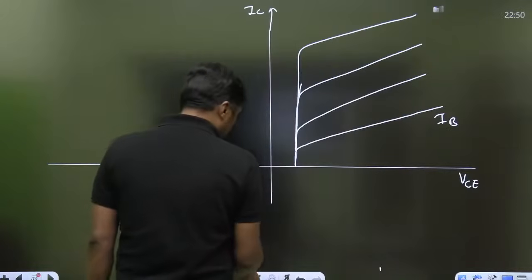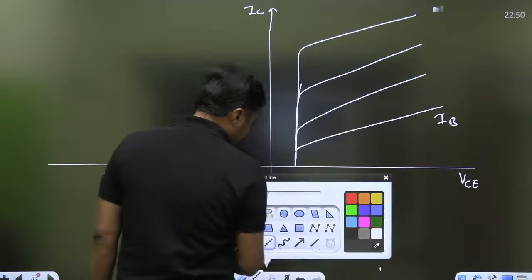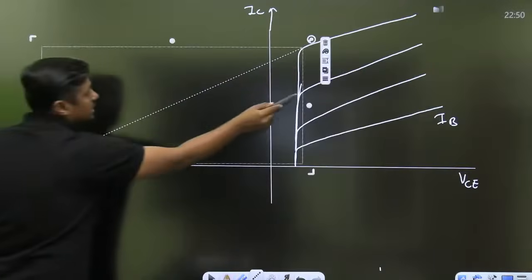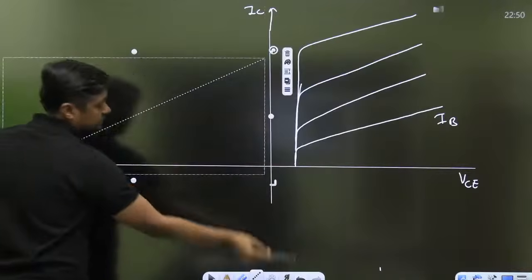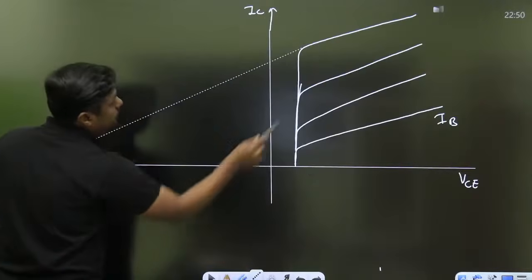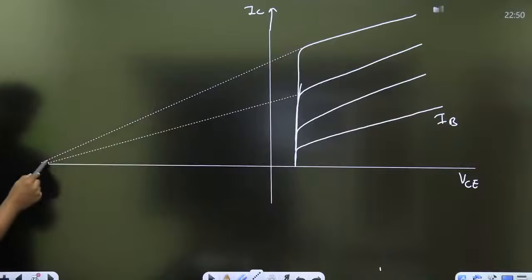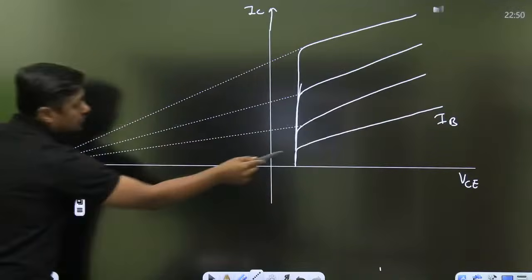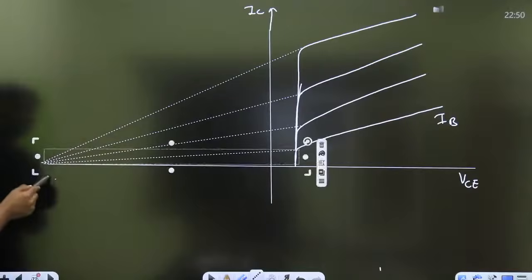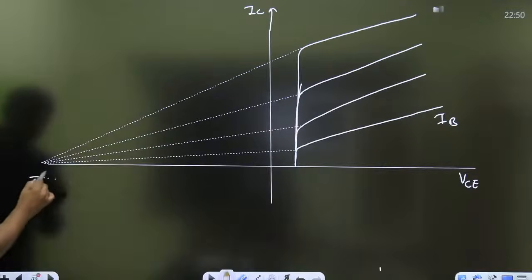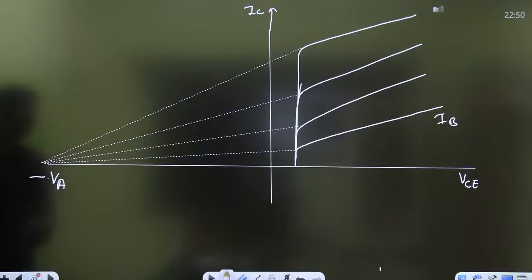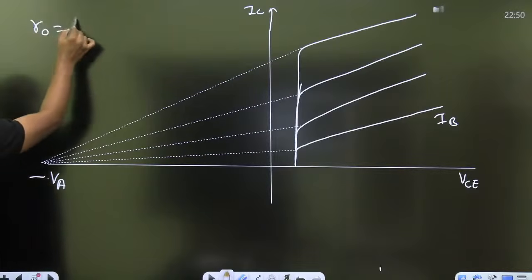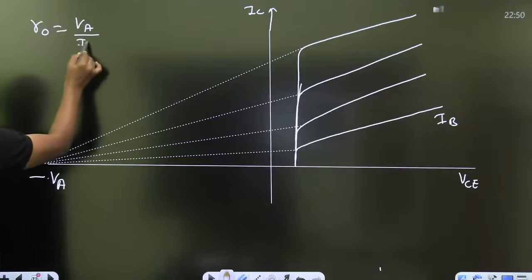That is elevated. When we are extending, all will meet at a point. This is called early voltage. This is minus VA. VA is called early voltage. With the help of this, we can find the R naught. This is given by VA upon ICQ.